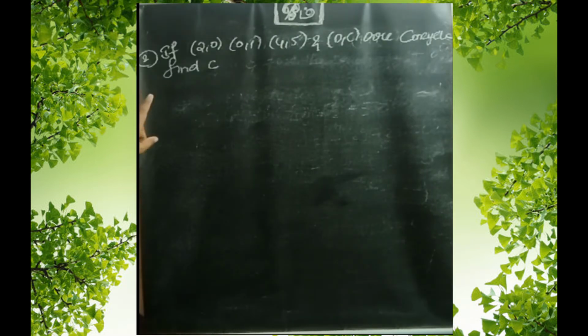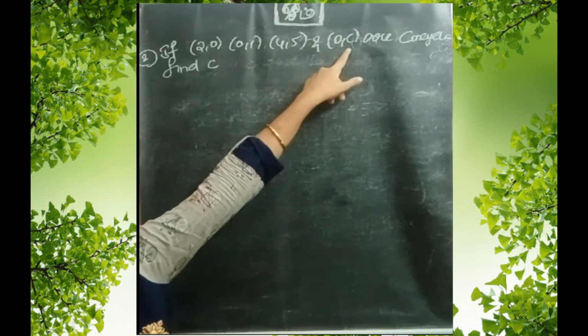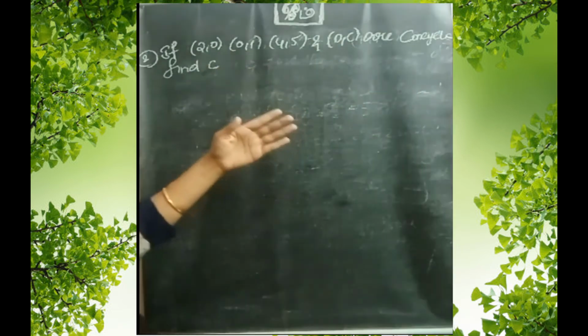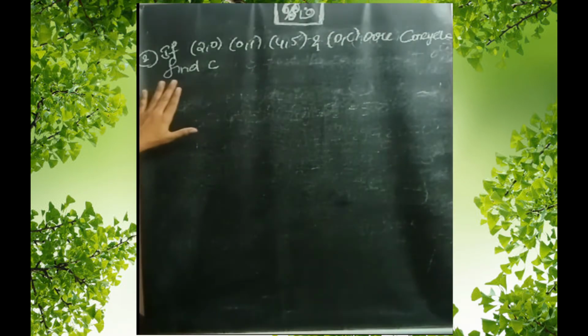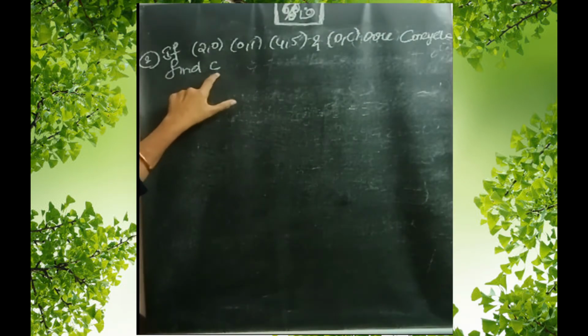If the points 2, 0, 0, 1, 4, 5 and 0, c, see here, this is the variable, are concyclic. They have only given in the question that these 4 points are concyclic and we have to find the c value.